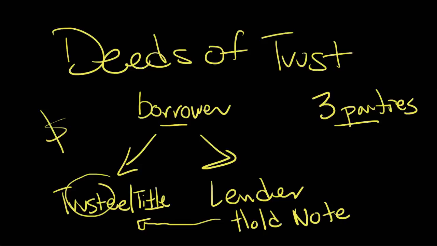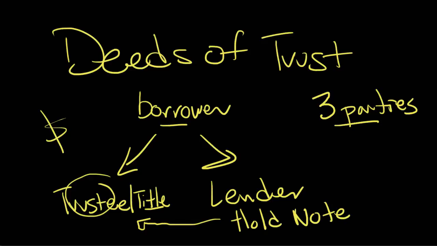So a deed of trust is a three-party instrument, is the technical phrase for it, in which there are three parties involved, the borrower and the lender, of course, and then title itself is held by a third party called the trustee. Basically, it's held in trust.